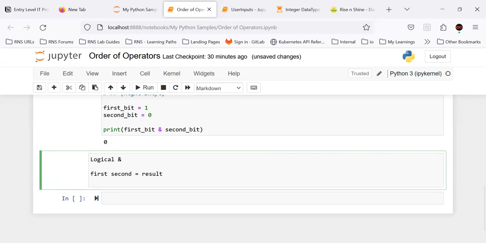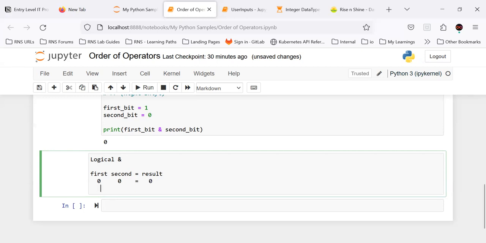Suppose first bit equal to 0 and second bit equal to 0. What is the result you are going to have? That is 0. First bit is 1, second bit is 0. Then what is the result? Logical AND is going to return 0.